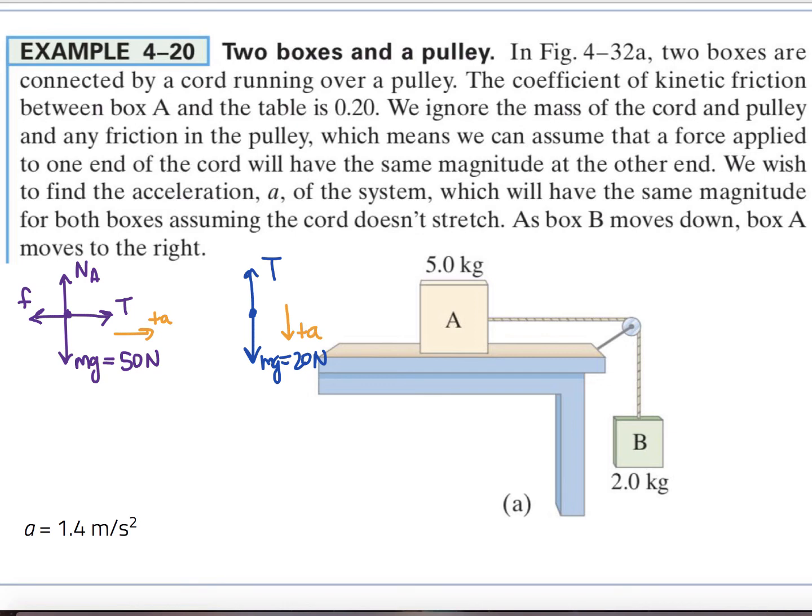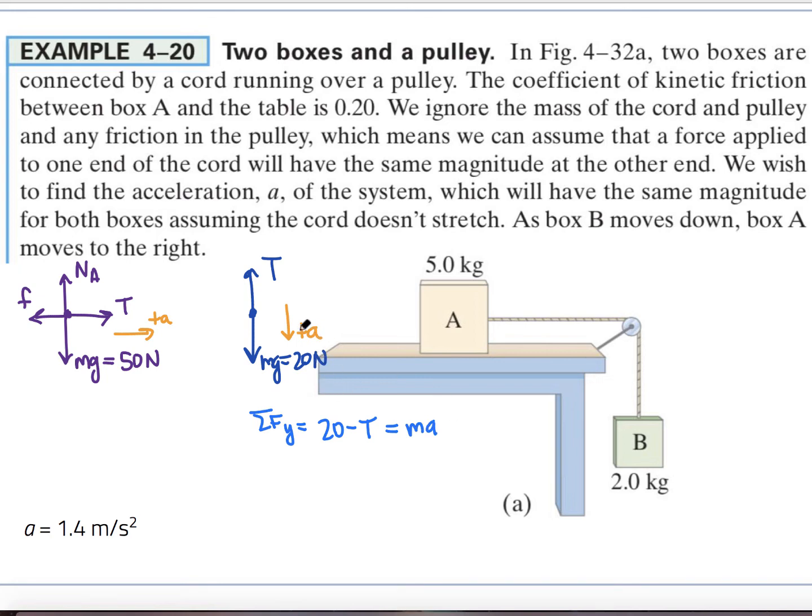So from here, we need to set up our sum of force equations. So let's go ahead and set up our blue first, because those are easier. And so what we have is the sum of forces in the y direction, so with down being positive, is going to be 20 minus the tension equals mass times my acceleration.